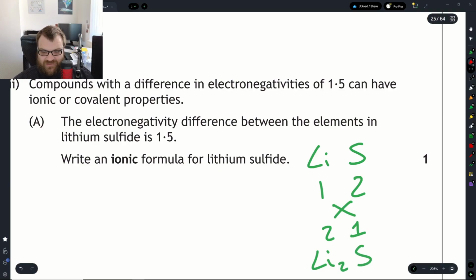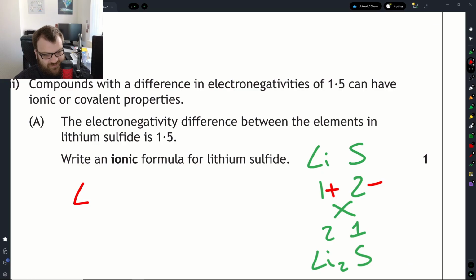There are a couple of ways to do the next bit. The thing I like to say is, well, if it's a metal, lithium is going to lose an electron. It's going to have the positive charge. It'll have a charge of 1 plus. And the sulfur needs to gain 2 electrons, meaning it's going to be 2 negative. When I'm then going to rewrite our formula as an ionic formula, I am just putting in the charges as I go.